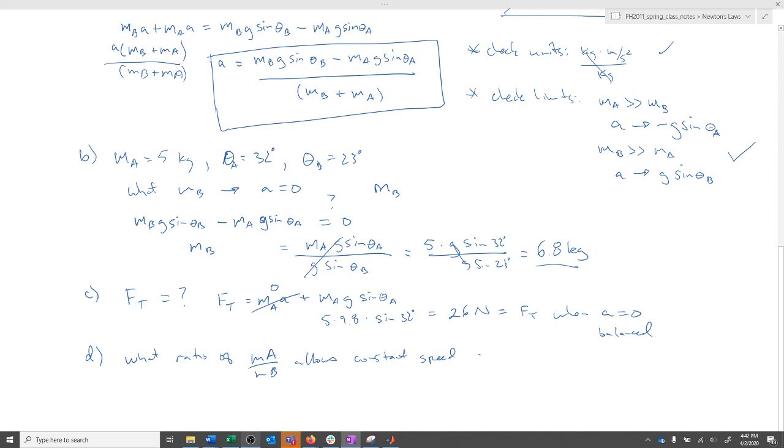So that would just be our 5 over 6.8. About 0.74 would be the MA over MB that allows motion with constant velocity.